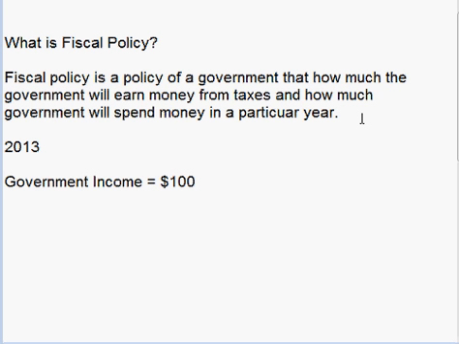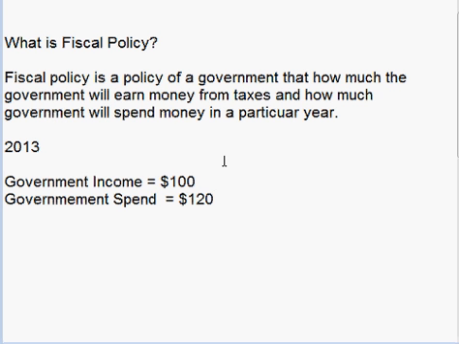So the government can earn $100. Suppose that is the target for 2013, and the government spending target is suppose $120.